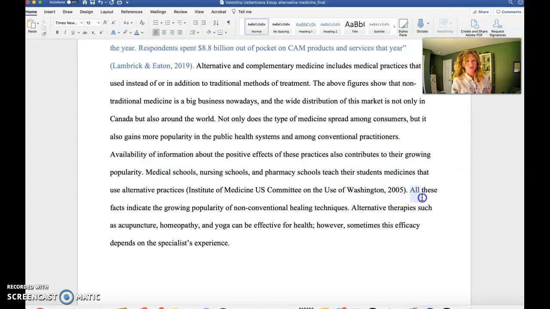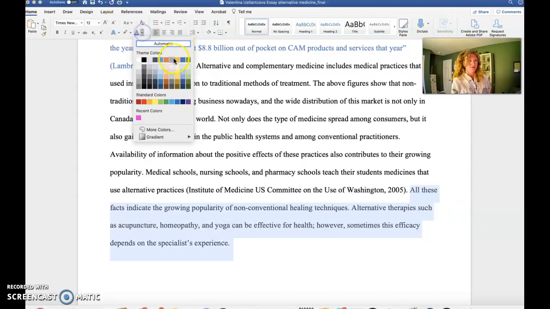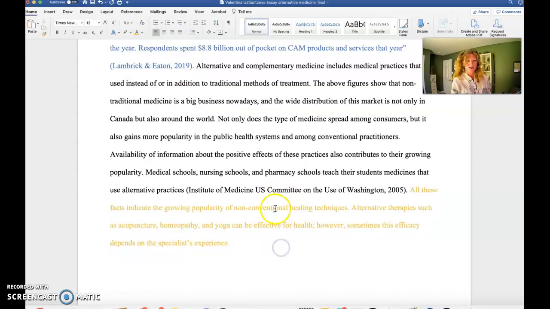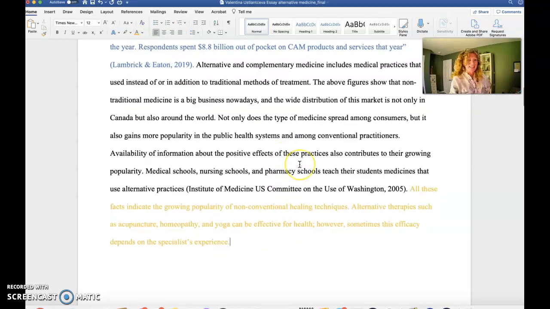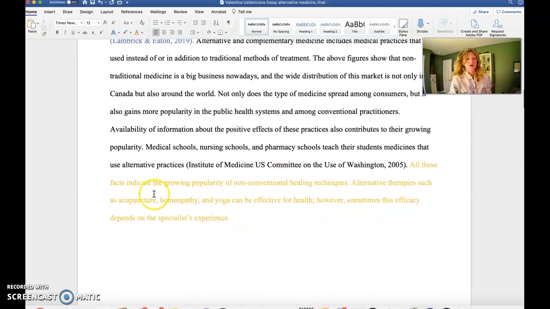And then here we go to the thesis sentence. Now, I think we've looked at this in our other podcast, but anyway, it's saying all of these facts indicate the growing popularity of non-conventional healing techniques. Okay, so we know this is our topic. Here we go. Alternative therapies such as acupuncture, homeopathy, and yoga. So alternative therapies is our topic.